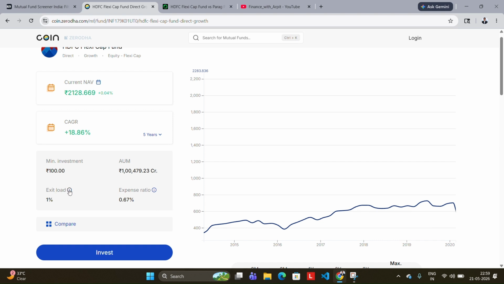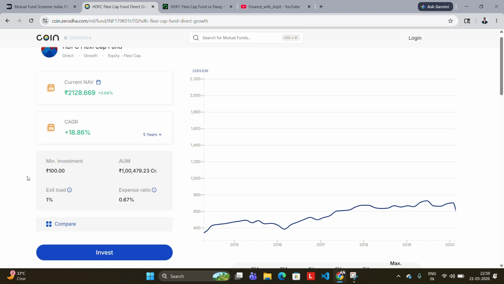The exit load is generally applied when we redeem our funds. For example, if we redeem our funds within 1 year, there is a much higher exit load. After 1 year, generally it's 0 or 1%. People generally neglect the expense ratio.